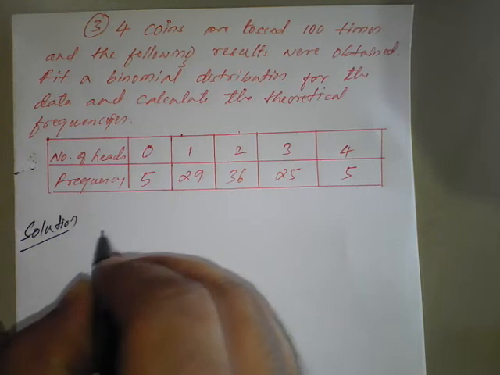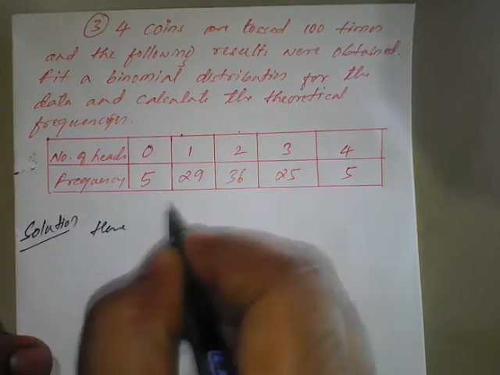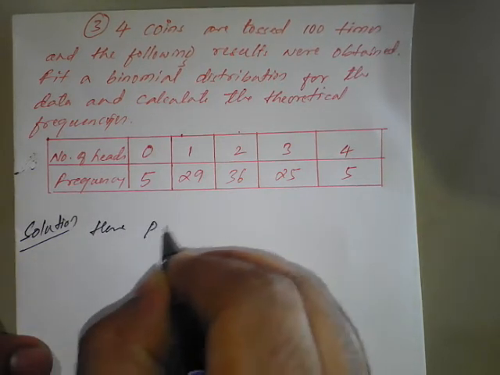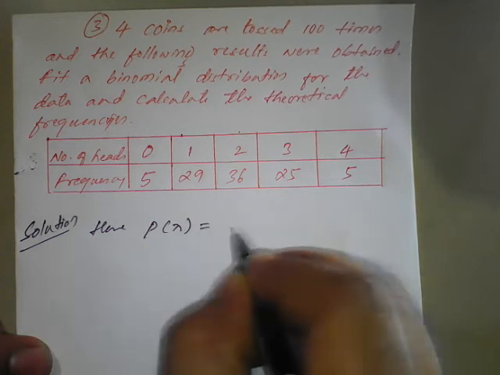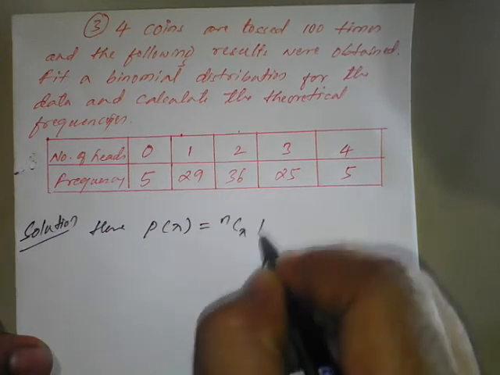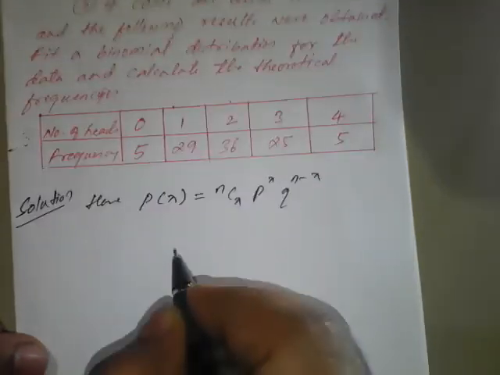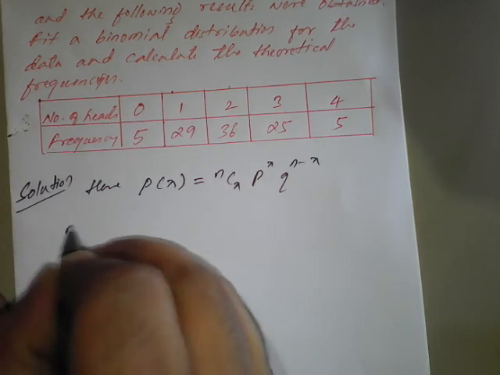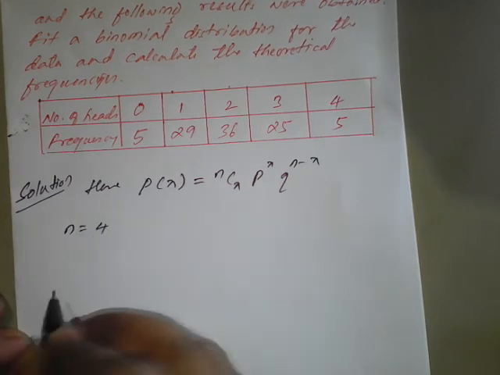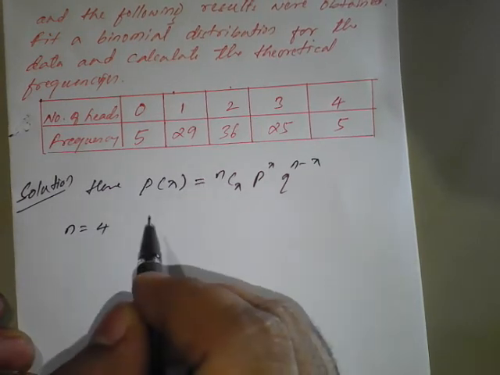By binomial distribution, P of x is given by nCx p raised to x q raised to n minus x. We need to find the value of n, which is 4 here, and p we need to find.